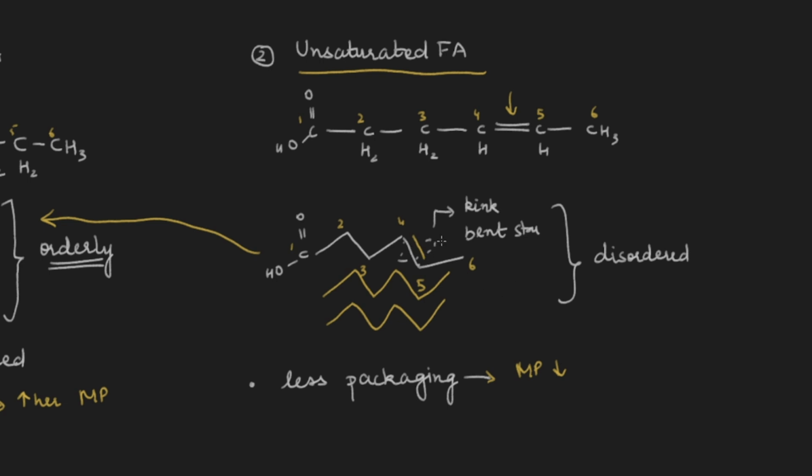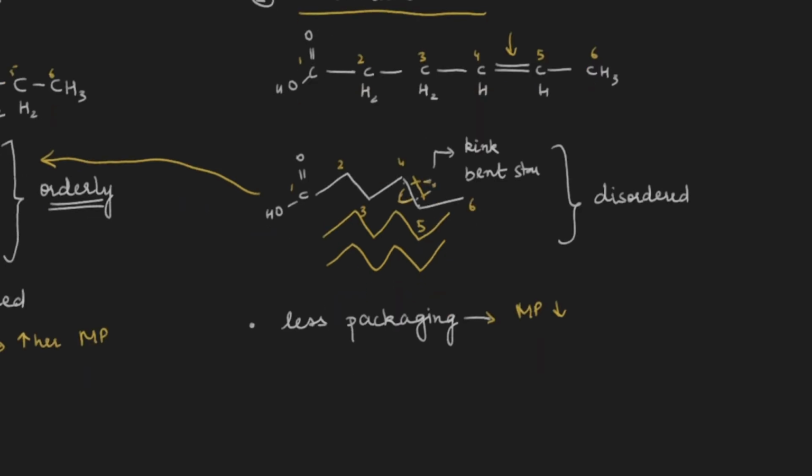Now, because of the presence of the double bond, the unsaturated fatty acid can have two different types of structure.